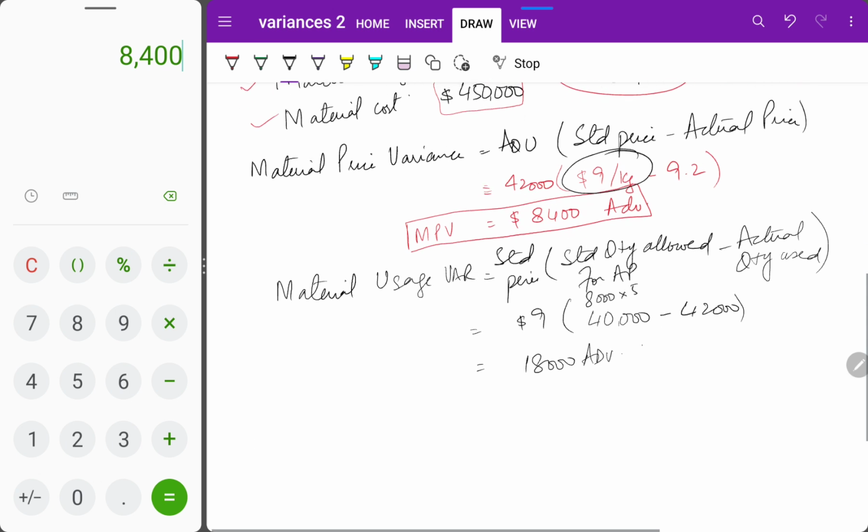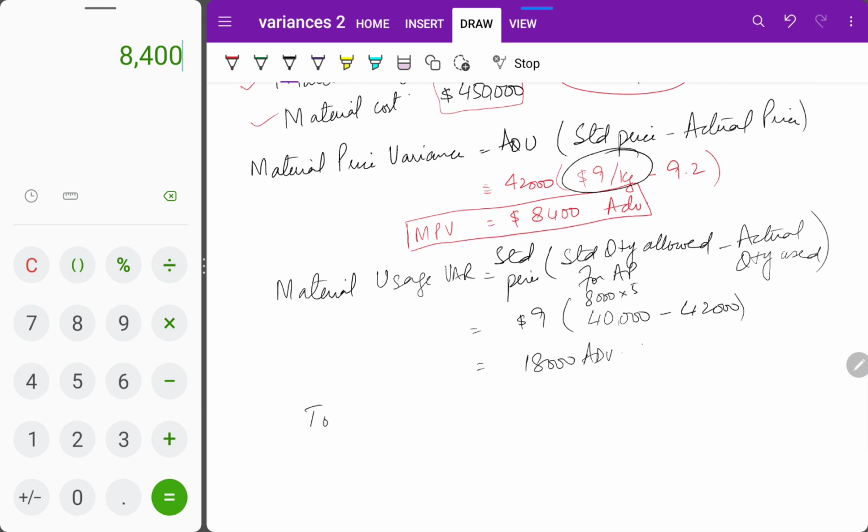If someone asks you to calculate the total material variance, it will be 8,400 adverse plus 18,000 adverse, which is 26,400 adverse. This means that the actual cost was 26,400 higher than the expected or standard cost.